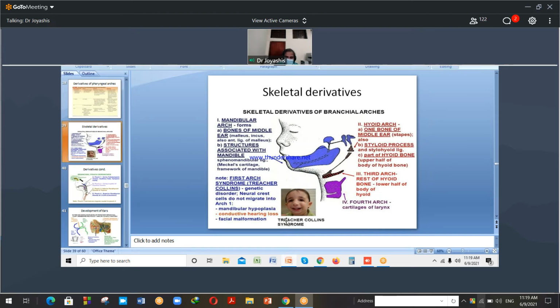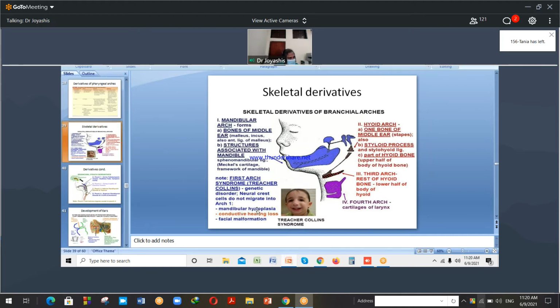An abnormality in the first arch will cause Treacher Collins syndrome. That is, neural crest cells cannot migrate properly to the first arch. This will produce mandibular hypoplasia, because the mandible will be very small. There is conductive hearing loss due to the malformation of the malleus or incus, or non-formation of the malleus and incus, and facial malformation.